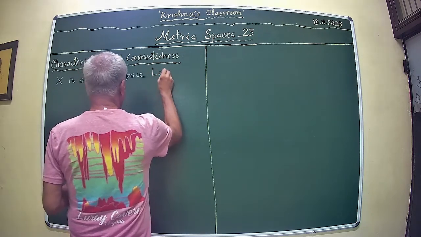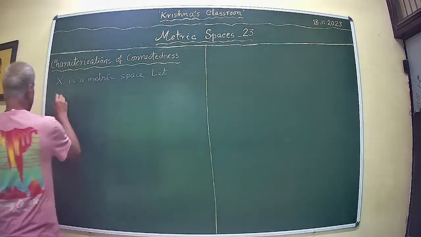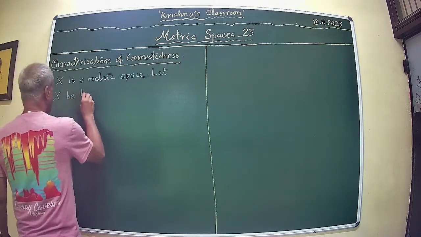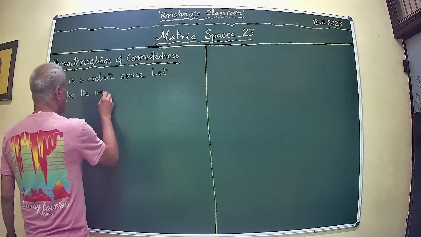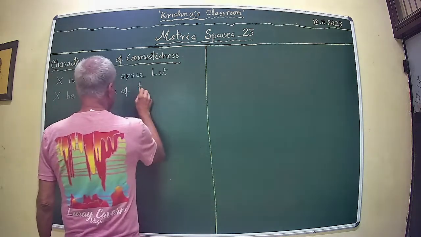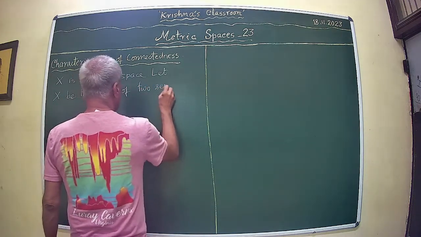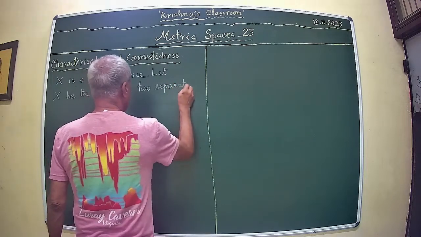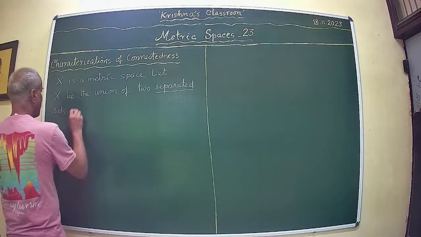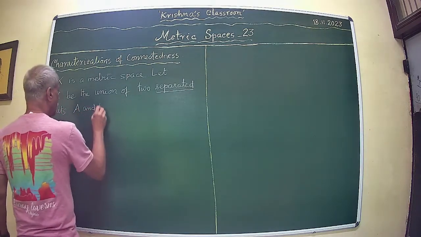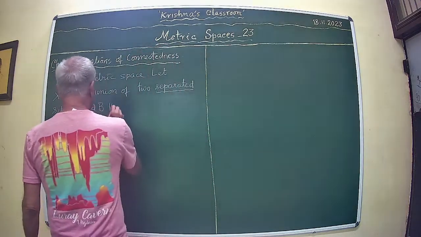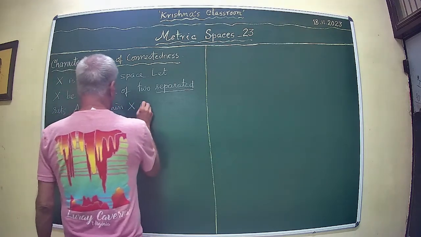Let X be the union of two separated sets A and B. Then X is not connected.